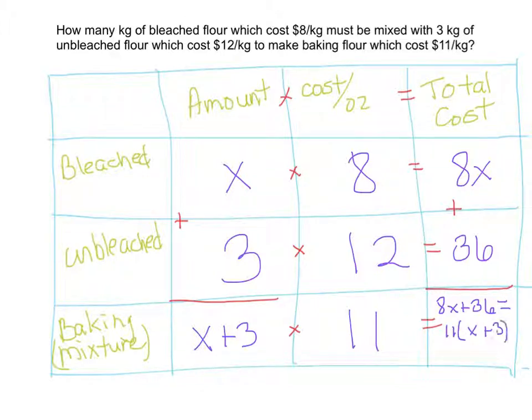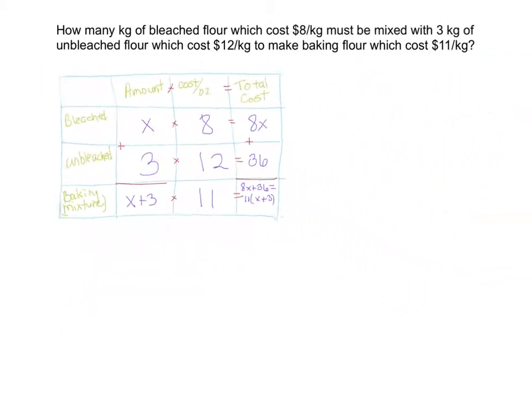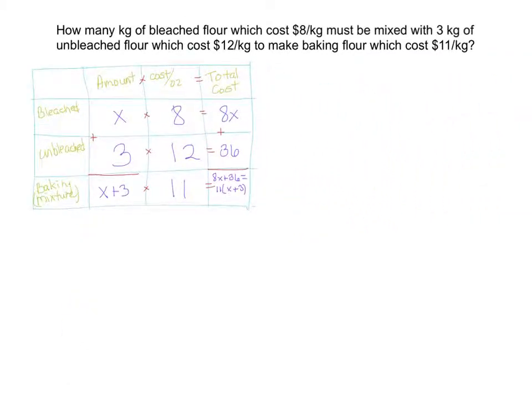Remember, the two-term expression here needs to be put in parentheses so that we can remember to distribute. And again, in that corner there, you've got your equation to solve. 8x plus 36 equals 11 times x plus 3.